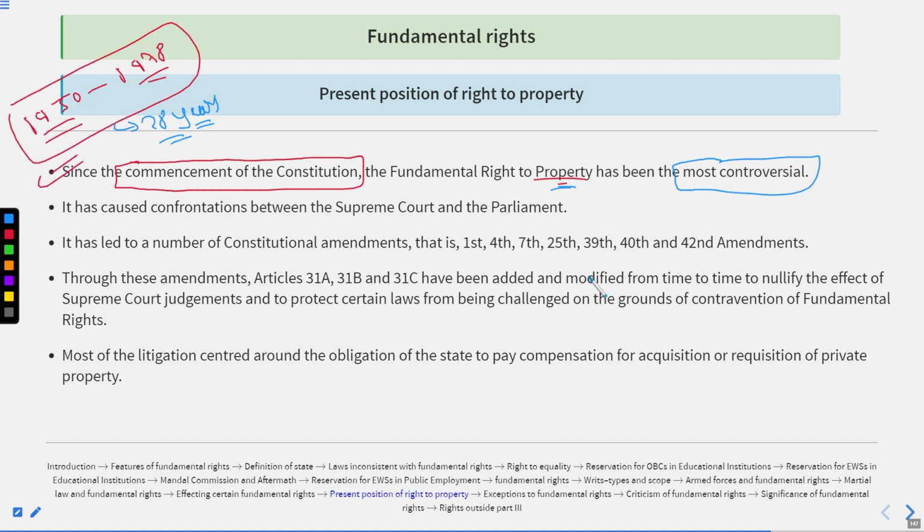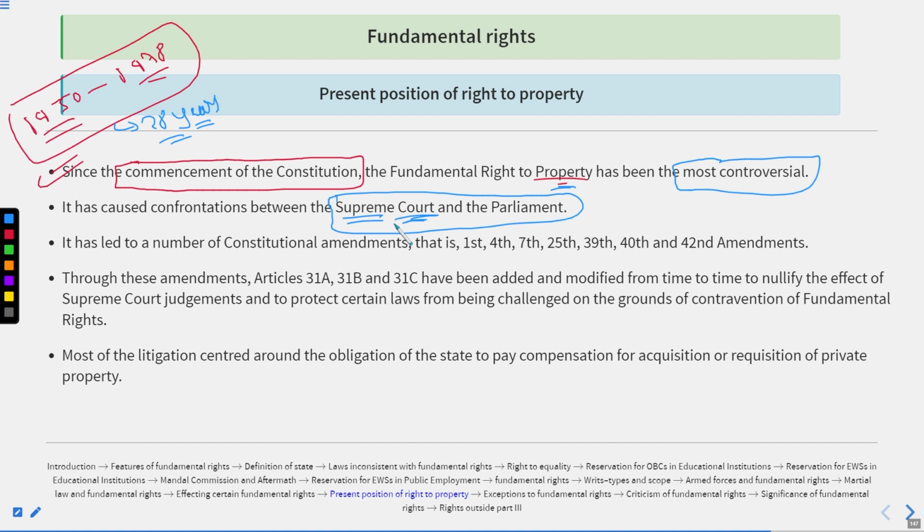It has caused confrontations between the Supreme Court and the Parliament. Parliament is allowed to make rules and regulations about the fundamental rights, and the Supreme Court is obligated to save the rights of the citizen. So whenever these two clashed with each other, the single reason was the fundamental right to property.